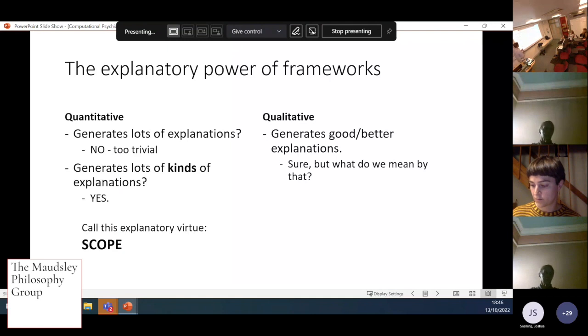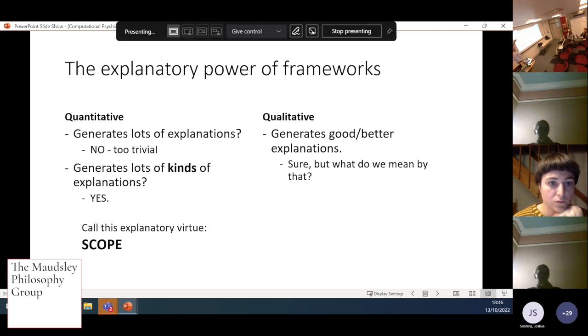So if you think about the explanatory power of frameworks, with a view to talking about predictive processing, there's a quantitative dimension and a qualitative dimension. Quantitatively, is it explanatorily powerful? Does it generate lots of explanations?